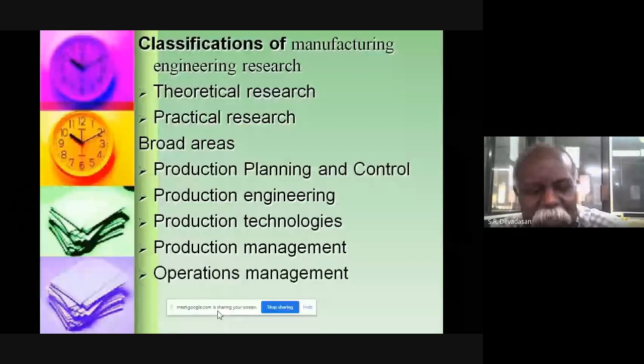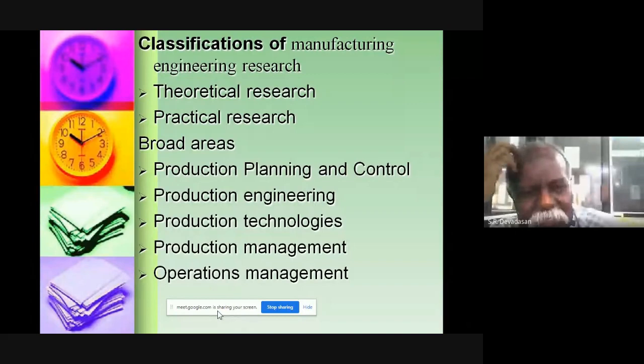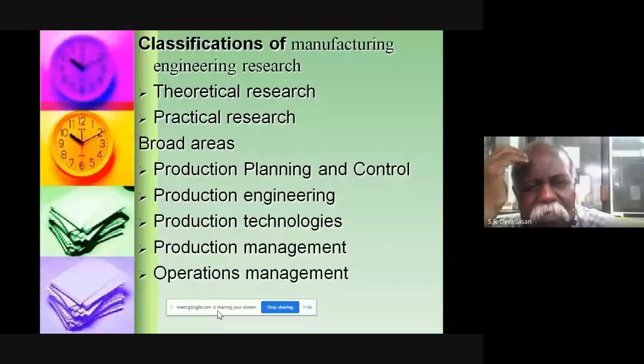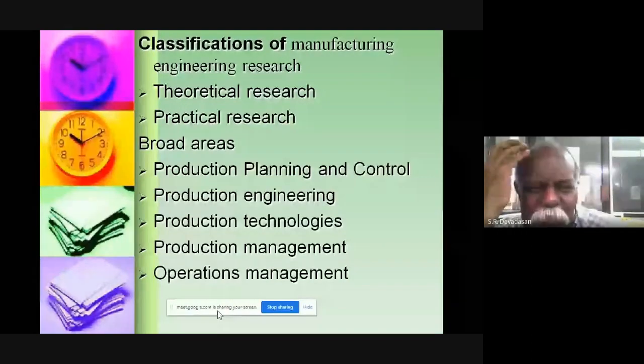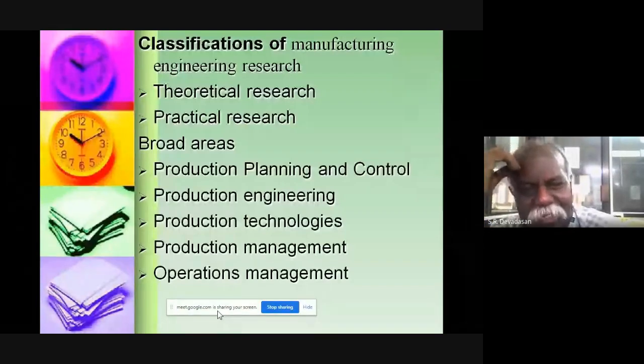So again, manufacturing engineering is required. It is a highly interdisciplinary engineering field, and irrespective of the specialization we had in our undergraduate programs, we have to work on contributing towards the growth of the manufacturing engineering field and research.